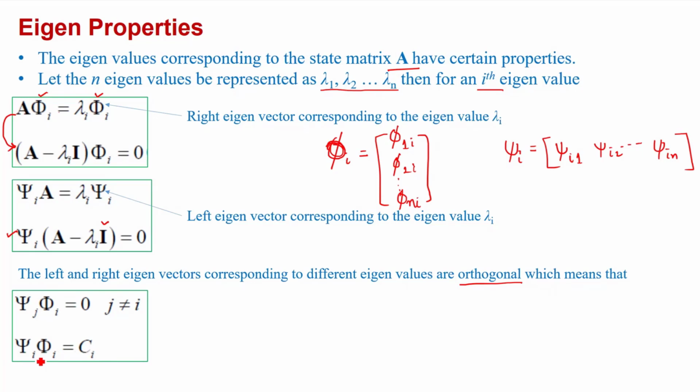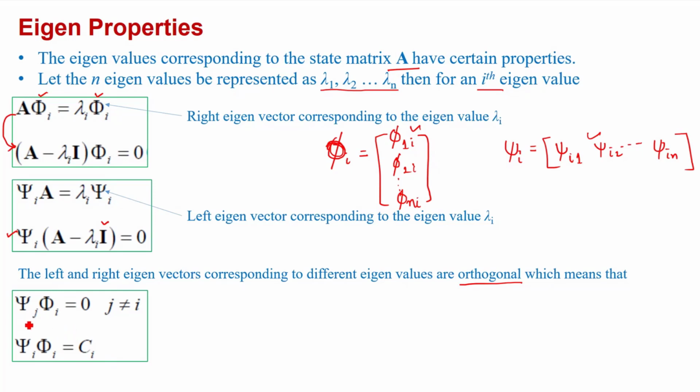For the ith eigenvalue, if we multiply the left eigenvector psi i into phi i, that will give me a constant, that is Ci. This is a row vector multiplied with a column vector, so it gives a constant value, right?